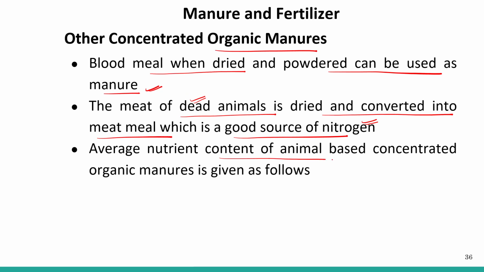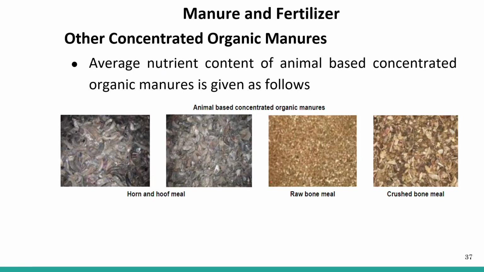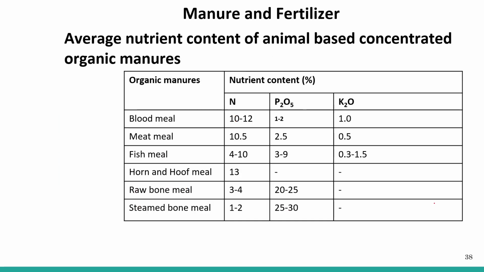Here is the average nutrient content of animal-based concentrated organic manures: horn and hoof meal, raw bone meal and crushed bone meal.